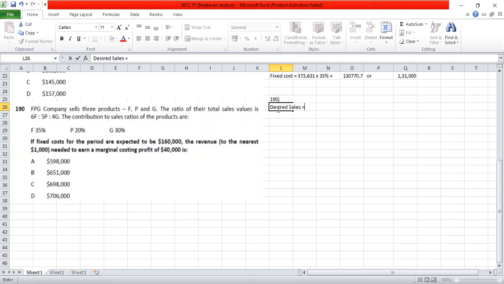is equal to, the numerator would be fixed cost plus the profit margin, divided by weighted average contribution by sales ratio.